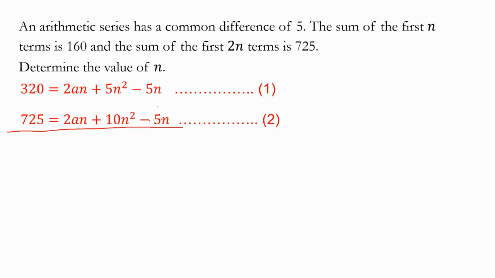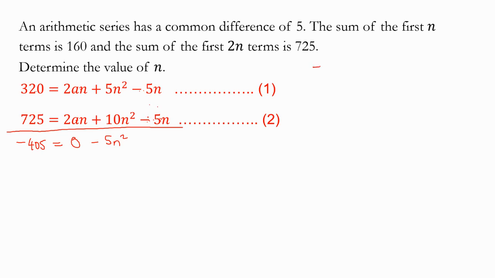Right, 320 minus 725. You can use your calculator there. You'll get negative 405 is equal to 2an minus 2an, 0, plus 5n squared minus 10n squared is negative 5n squared. And then minus 5n minus negative 5n is going to be minus 5n plus 5n, which is 0.